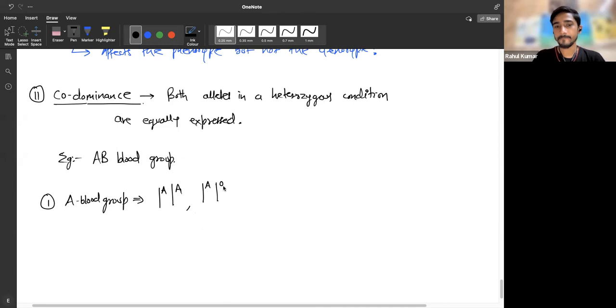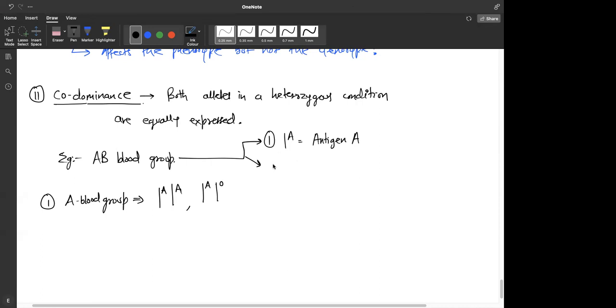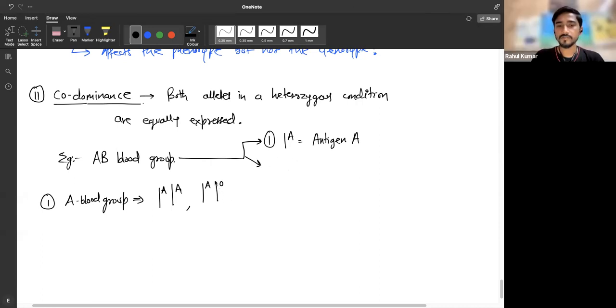You understand? Now let me first explain to you. For a blood group, there are three alleles. The first allele is IA, which gives rise to a sugar which codes for antigen A. The small letter i is used for IO.